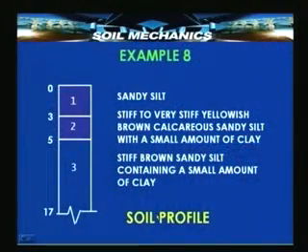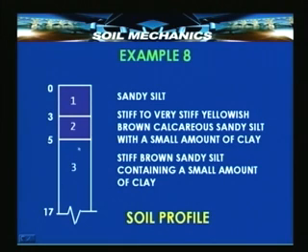Now, what is required is the total settlement and the time required for 90% of the total settlement. How do we solve this? This is the soil profile. It consists of sandy silt, then a very stiff yellowish brown calcareous sandy silt, followed by sandy silt containing a small amount of clay.